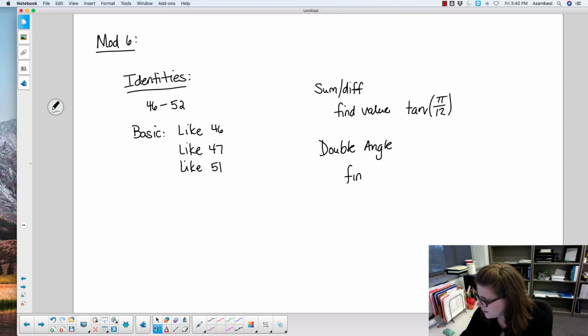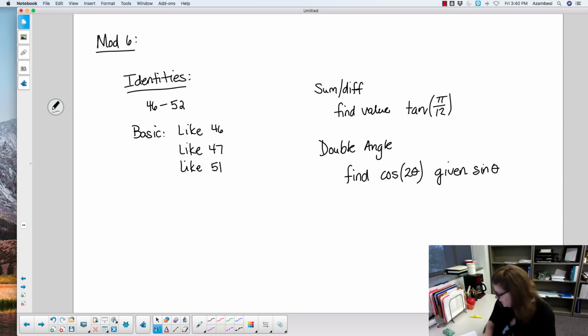So like find cosine of 2 theta given sine of theta or something. And those, as far as the formulas are concerned, those are like 53 through 56 and 57 through 60.